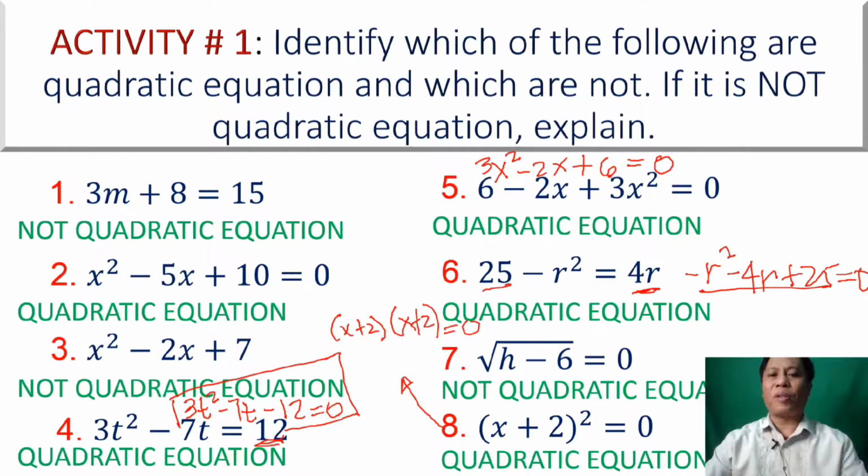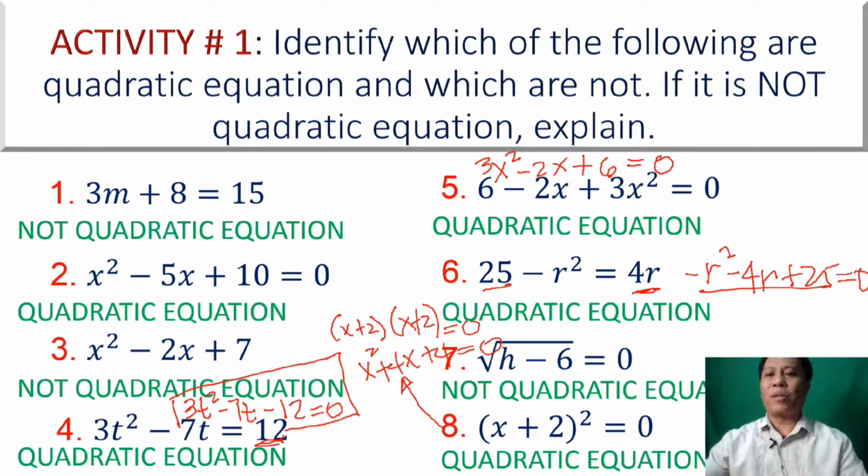Then you multiply the 2 binomials. So the result would be x squared plus 4x plus 4 equals 0. So that's the standard form of the quadratic equation for number 8.